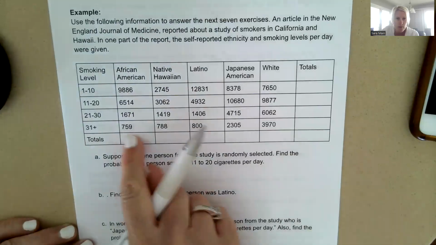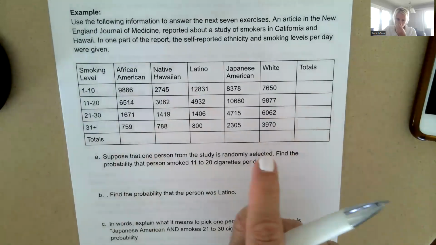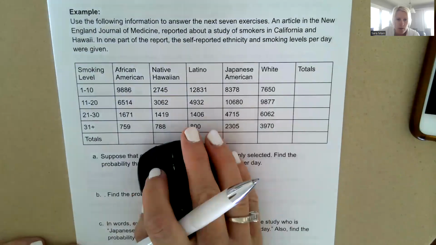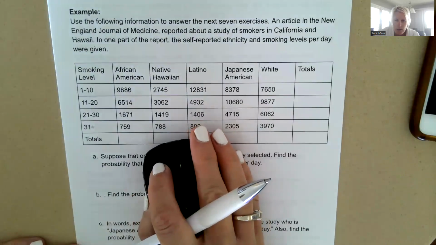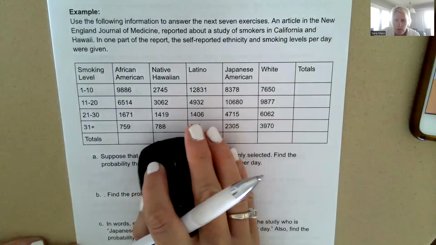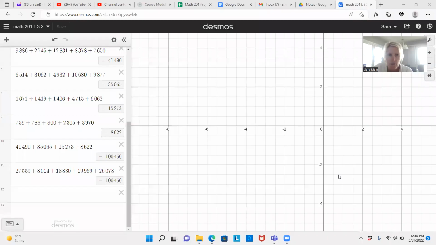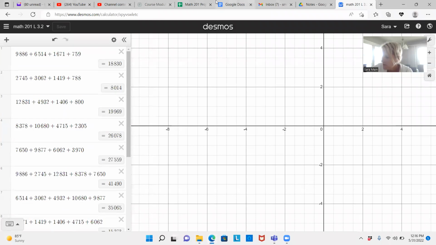So the first thing we have to do is find the totals for each of these. Okay, so we are going to go to Desmos to do that. I'm going to show you how I did this in Desmos. If we add our first column of the African Americans, we get 18,830.